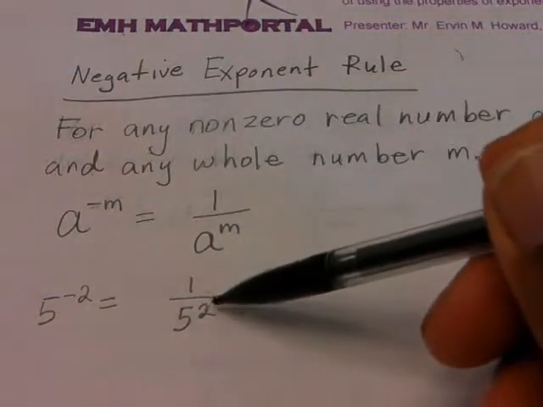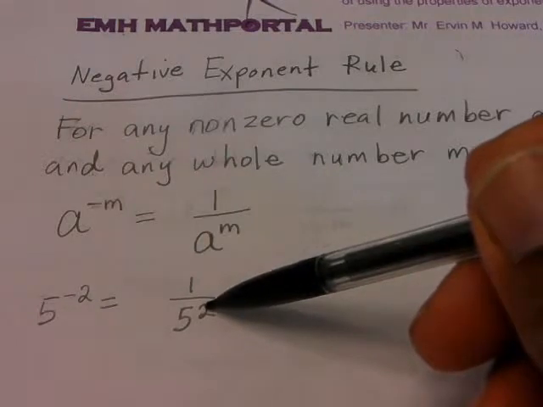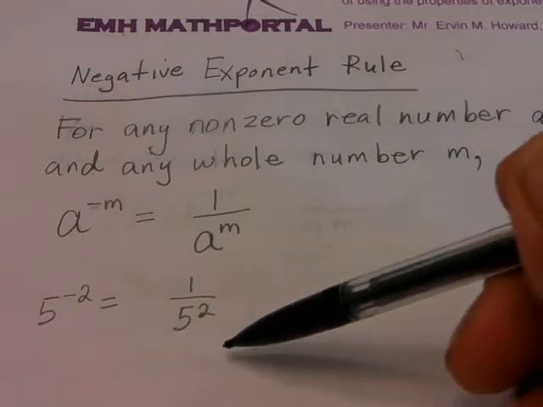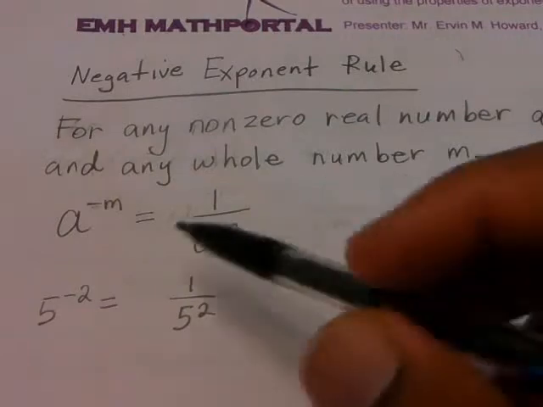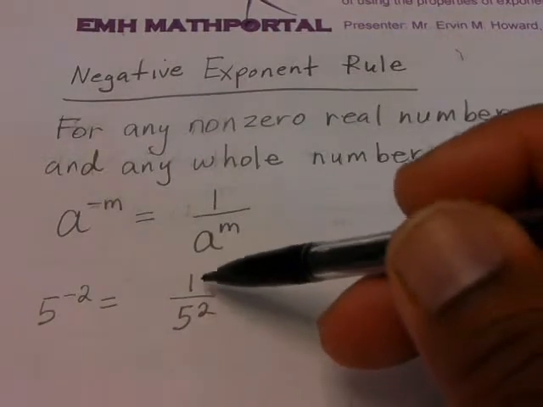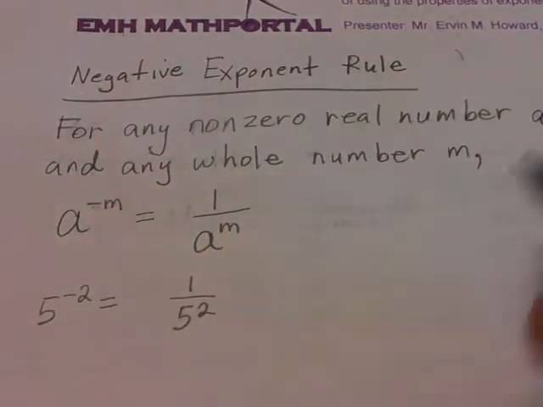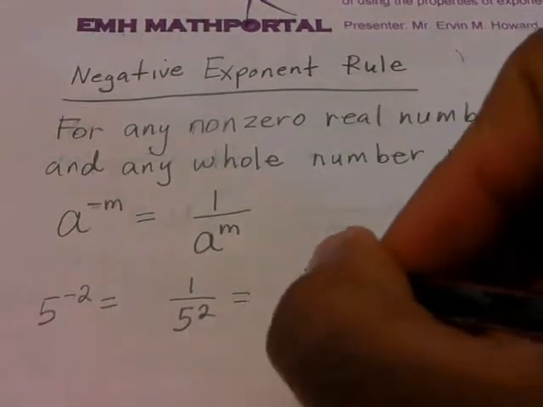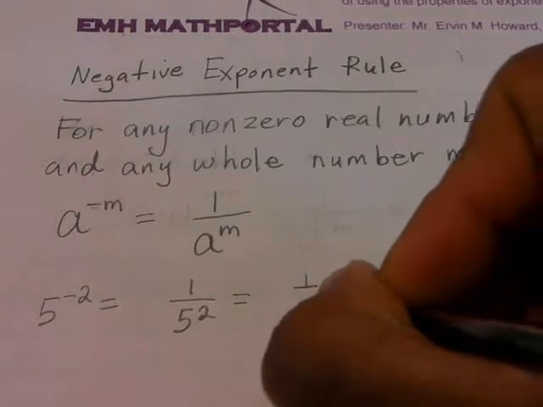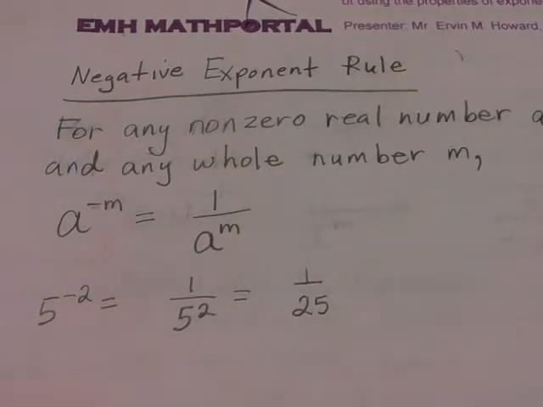Notice that the exponent has become positive. You've changed the negative to a positive, and the number becomes a reciprocal. And then you would just simplify it. This would be 1 over 25.